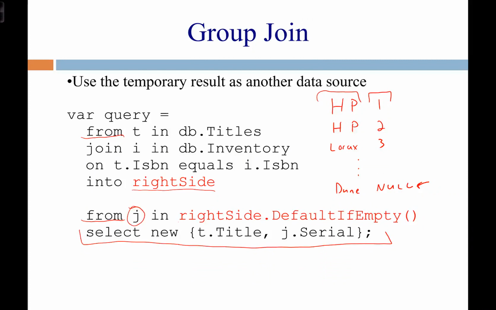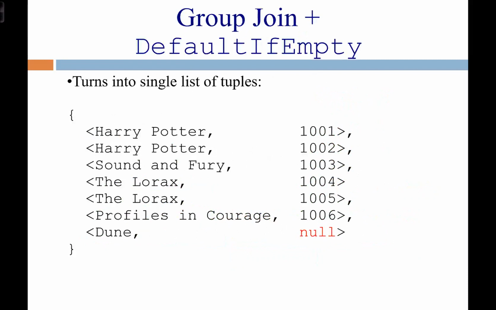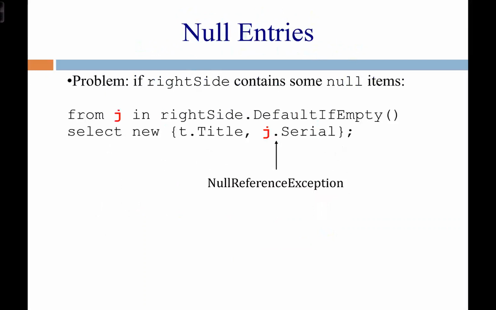So if I select just a t.title and a j.serial out of this nested loop, it collapses it into a single level list, matching every title with its corresponding serial numbers or null in the case that it doesn't have any.